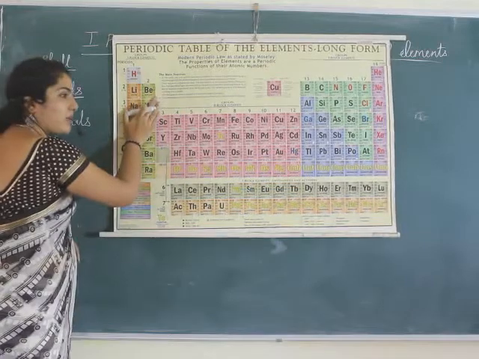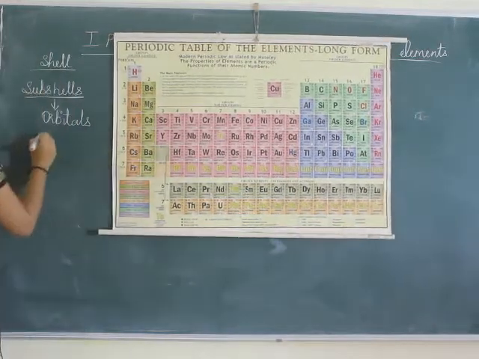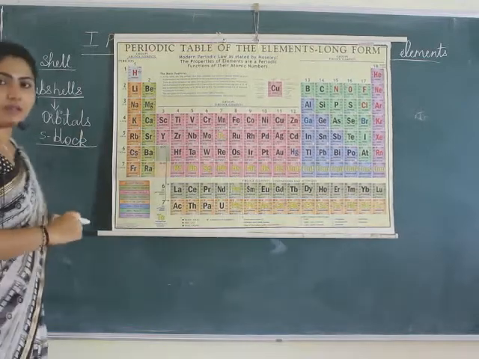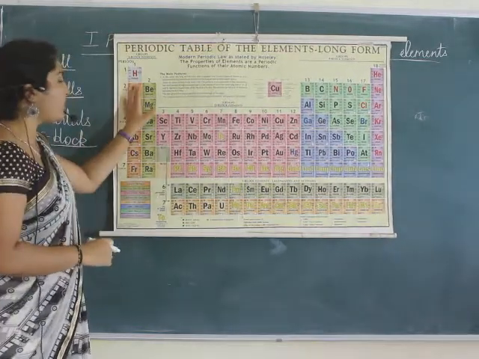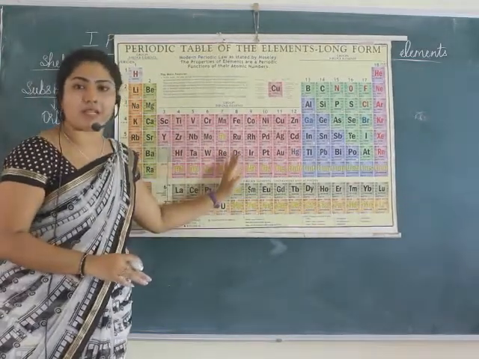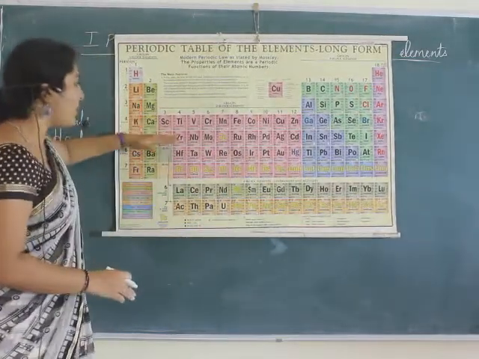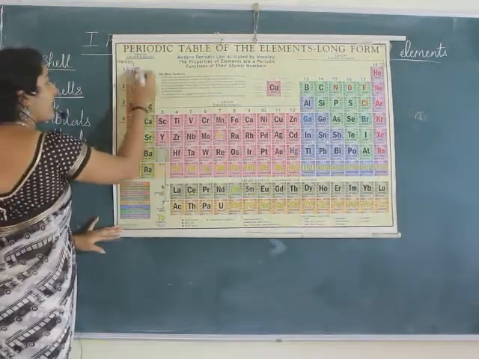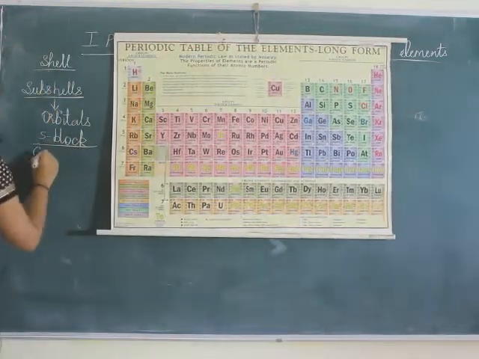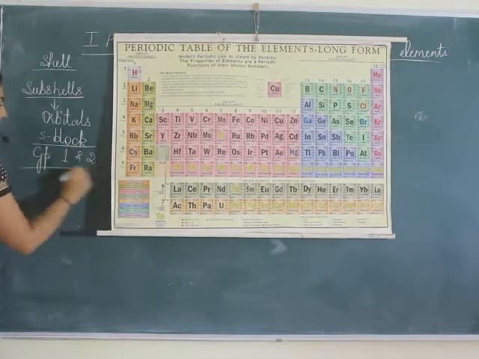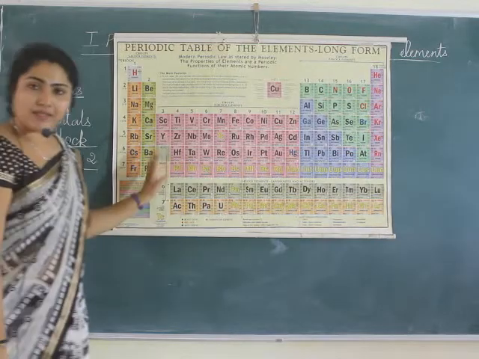Under S block elements, what you need to understand is that S block elements comprise two groups. I had told you these vertical columns are called groups and horizontal rows are called periods. Now here, group 1 and group 2 come under S block elements.